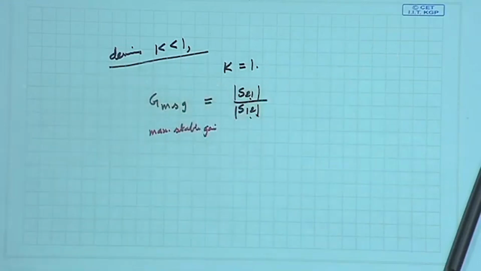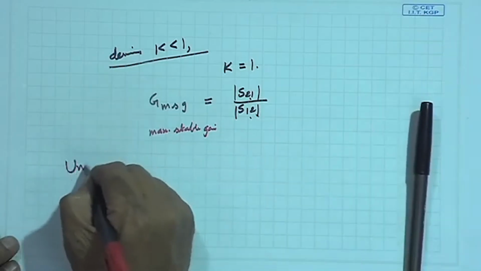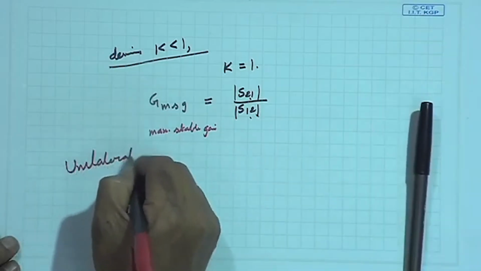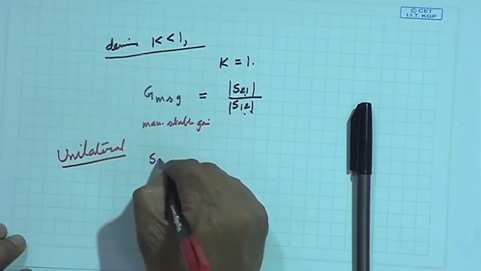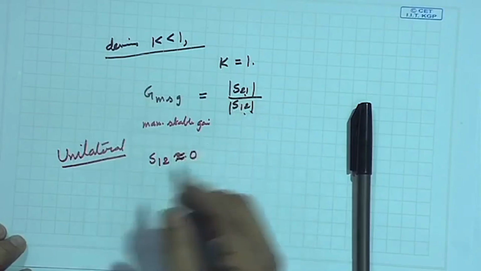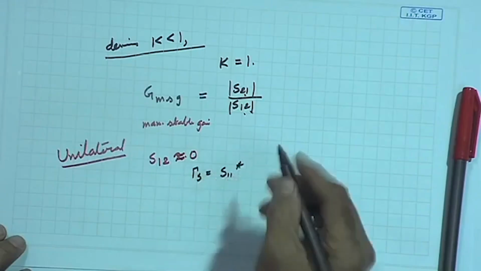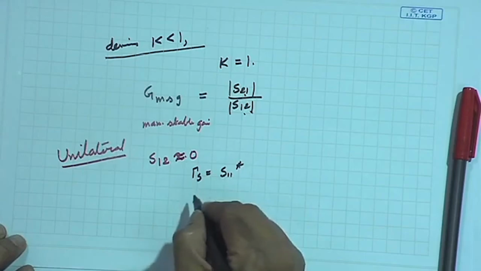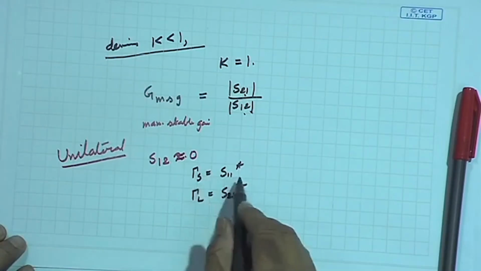Now, this becomes further simplified for the unilateral case. In that case the coupling between input and output, that means gamma in depending on gamma L, is not there. Unilateral means S12 is 0 or approximately 0. Under that case, gamma S becomes S11 star, and gamma L becomes S22 star.